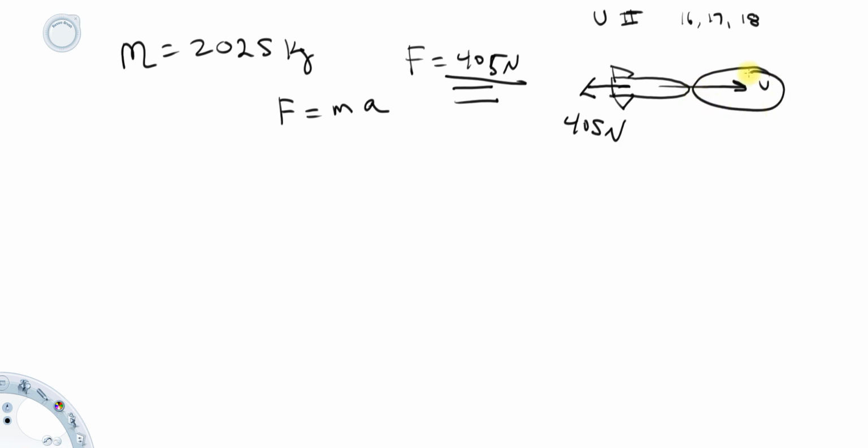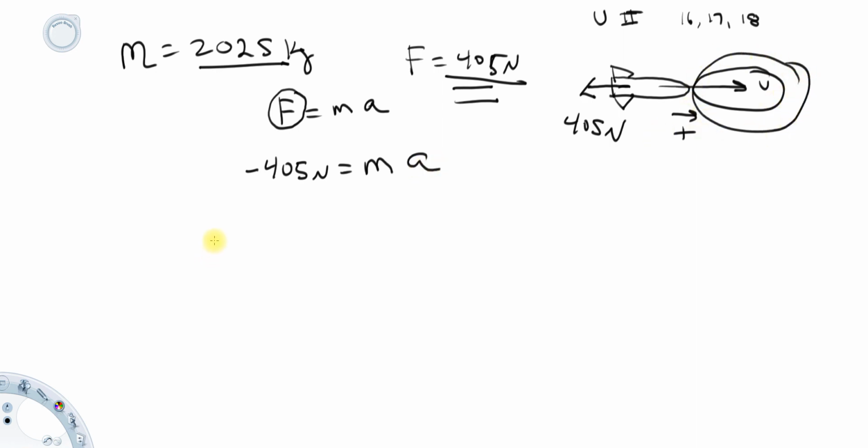So generally speaking, if we call this way positive, then this way we would call the negative direction. So I would put a negative number here. Let's write it like this: minus 405 newtons equals m, and the mass is given, times a. And when you solve this for the acceleration, you're going to get a negative number. And all that means is the acceleration is opposite of the velocity.